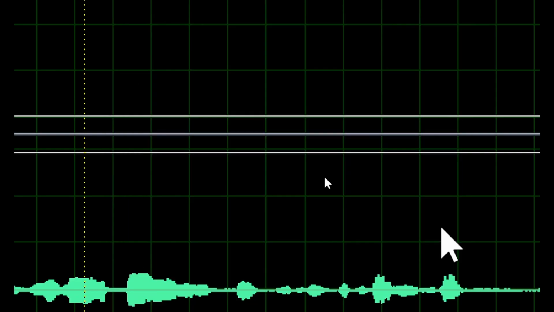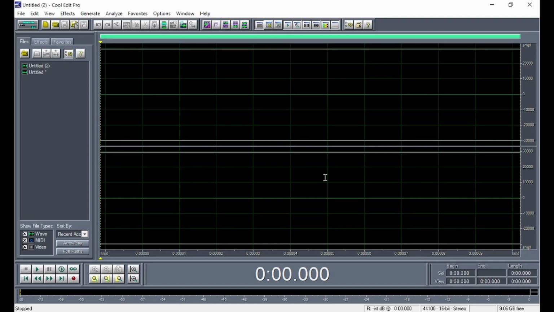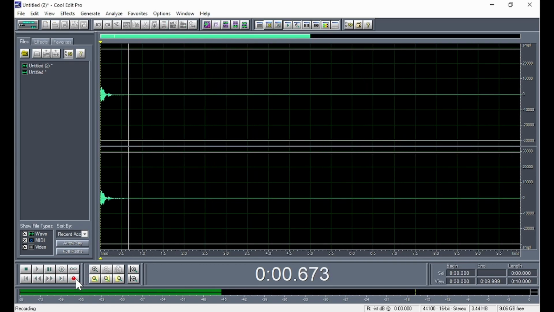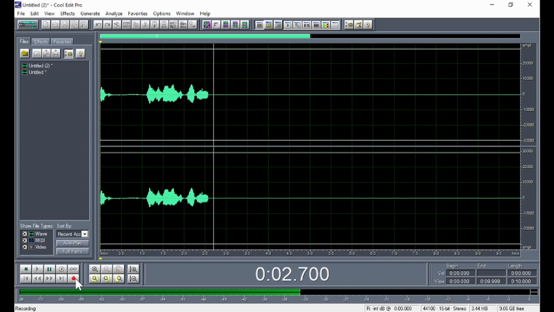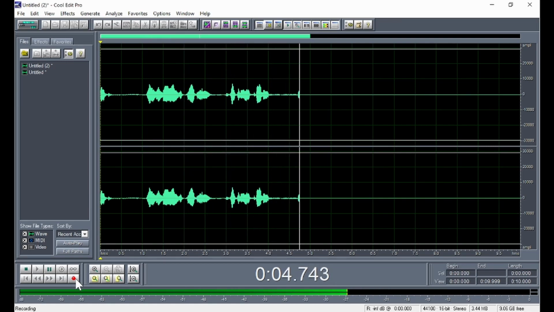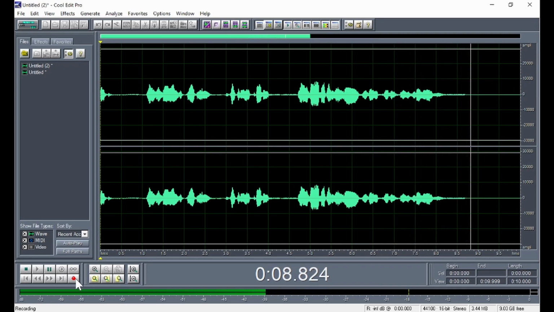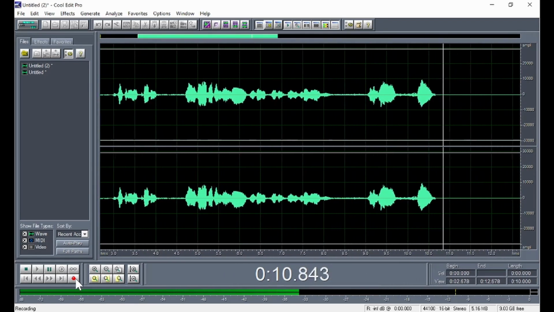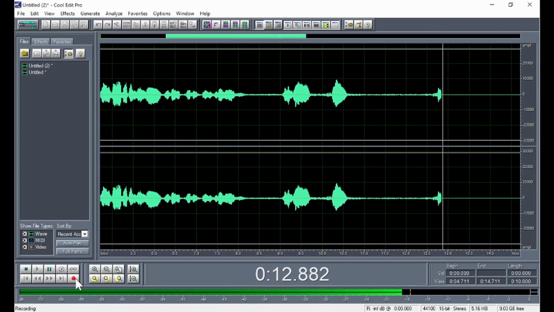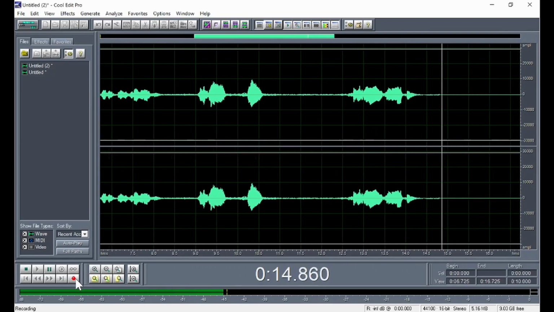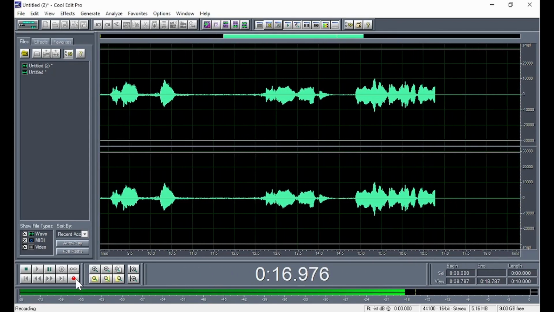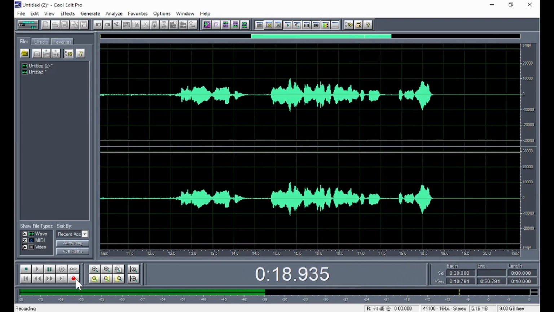So when I click OK, a new recording window opens. And immediately I hit record, my sound starts getting recorded. Now whatever I say will be recorded. Can you see the waves? These are the sounds I'm making. And you realize that whenever I am not speaking, it is low.